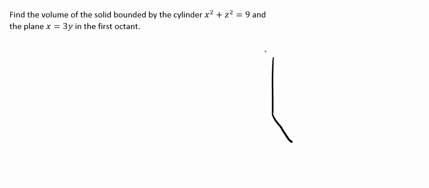Let's suppose this is the z-axis. This is the positive z-axis, positive x-axis, and positive y-axis. In the first octant, the generating curve for this cylinder is a quarter circle of radius 3.